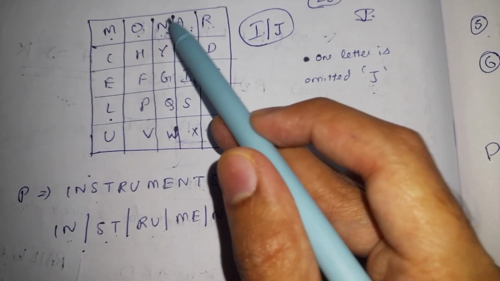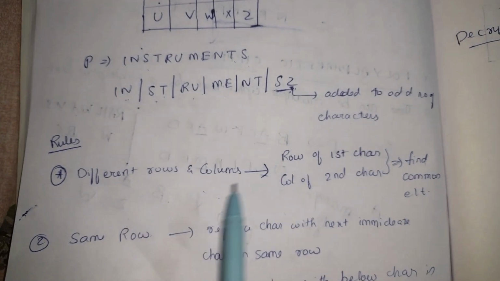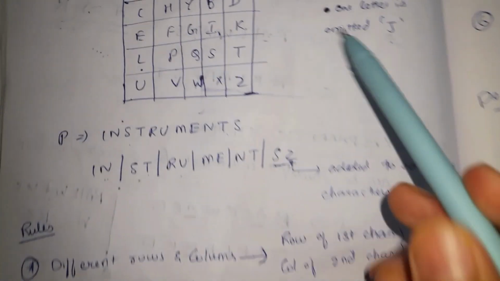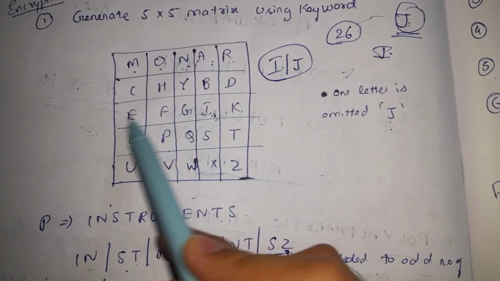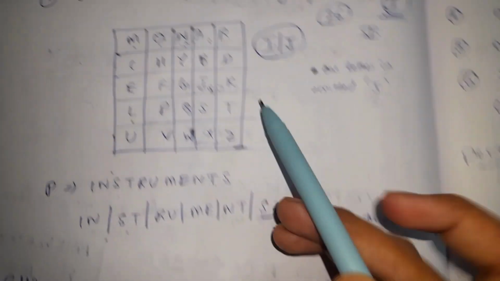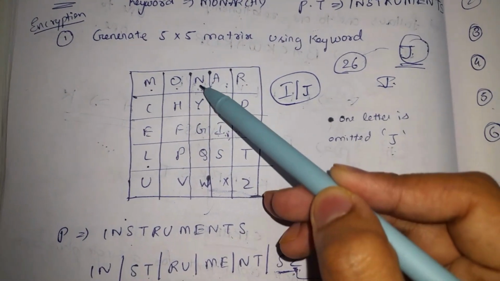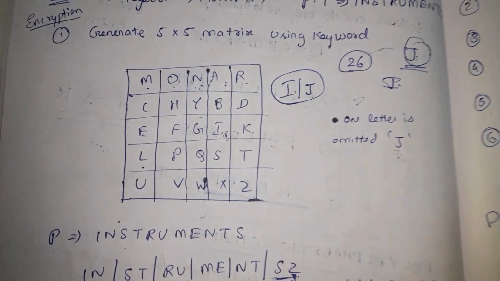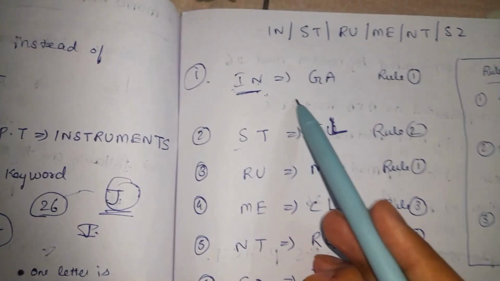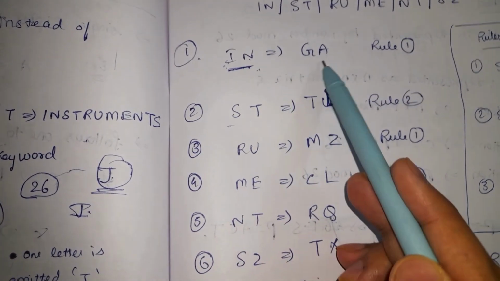As I said in rule 1, we take the row of the first character, which is I, and the column of the second character. What is the common element between these two? G. So we replace I with G.